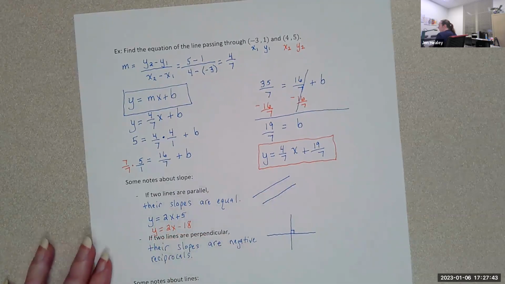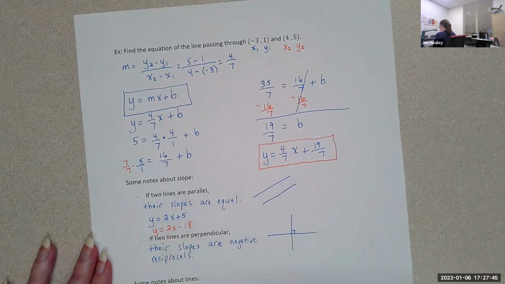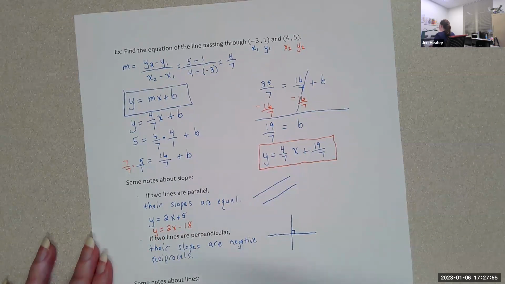Okay, so a reciprocal is when you flip a fraction over. So negative reciprocals mean if the one that you're starting with is positive, then you're going to flip that fraction over and make it negative. If the one that you're starting with is negative, then you're going to flip that fraction over and make it positive.